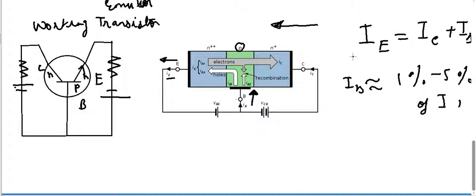Before we proceed further onto the practical use of this, let us define some terms called alpha and beta. Alpha is defined as the ratio between IC and IE, and beta is defined as IC by IB.